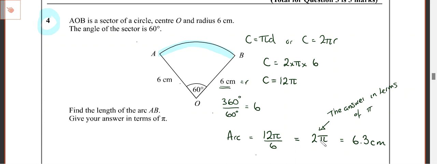So if it doesn't ask you at all, you can leave it in either of those ones. Up to you. In fact, I would expect maybe the top students that are rattling through things really quickly, unless it tells them otherwise, to just leave it in terms of pi. Because what don't you have to do with that number that you do here? Round it, yeah? No rounding necessary, therefore less chance of mistake.